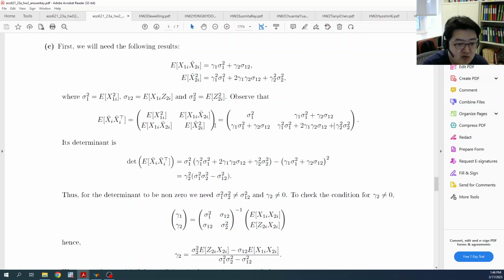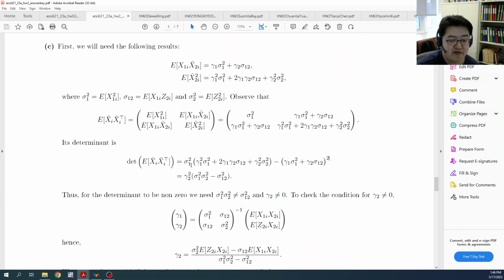Now what we need to check is if it's full rank, and its 2x2 determinant is AD minus BC. So this is the determinant. Actually, I made several algebra mistakes myself when writing this, and I think this is right. It may be wrong, but I tried multiple times, and I think it's correct.